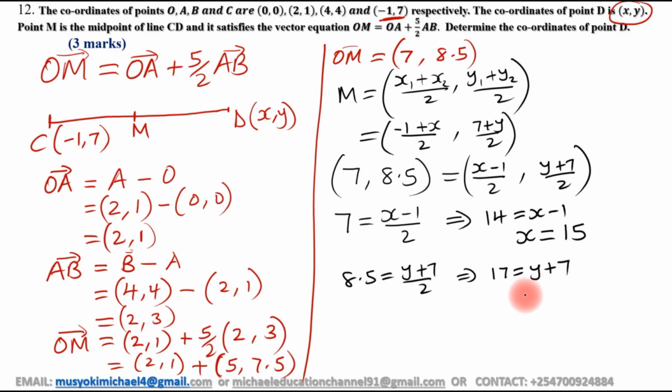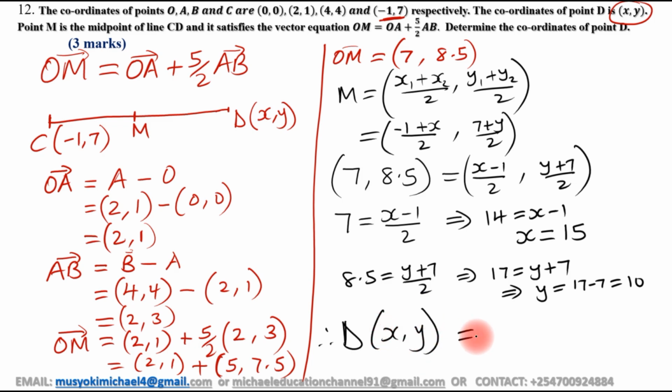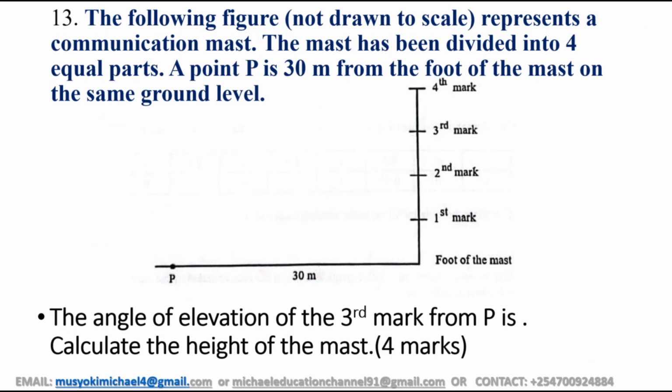Multiplying both sides by 2, we have 17 is equal to y plus 7, and therefore y is equal to 17 minus 7, which is 10. So point D, which is (x, y), has x equal to 15 and y equal to 10, and that is the coordinate of point D.